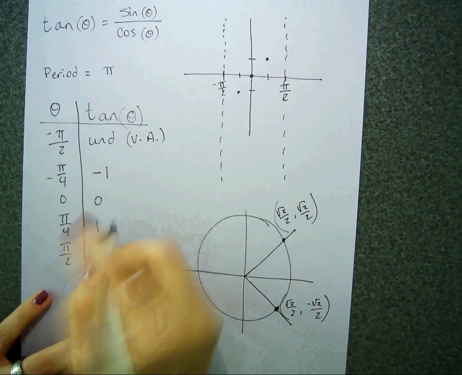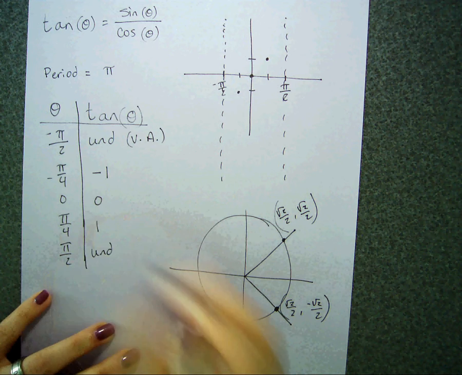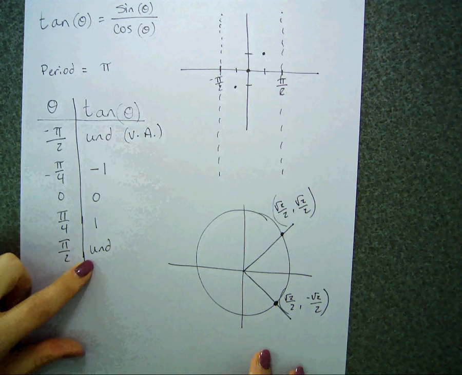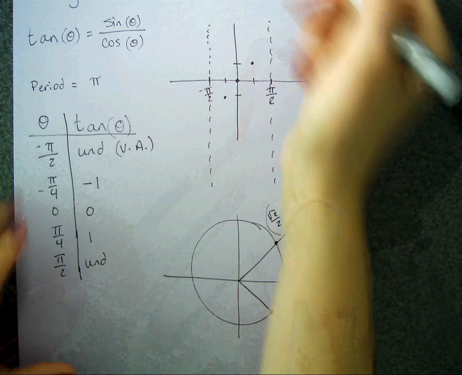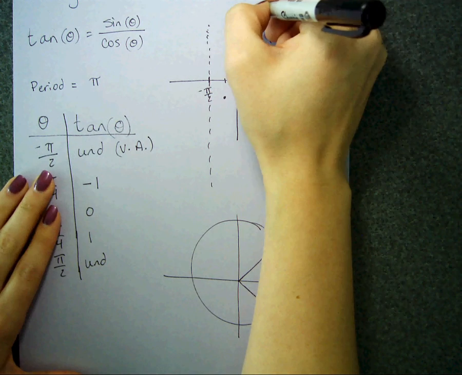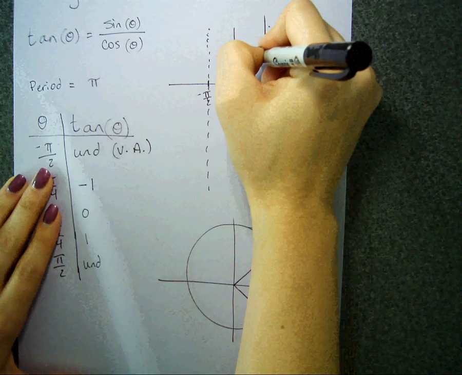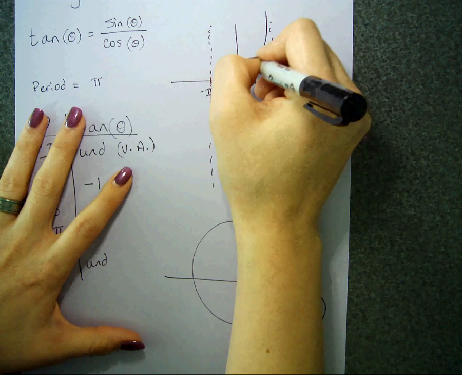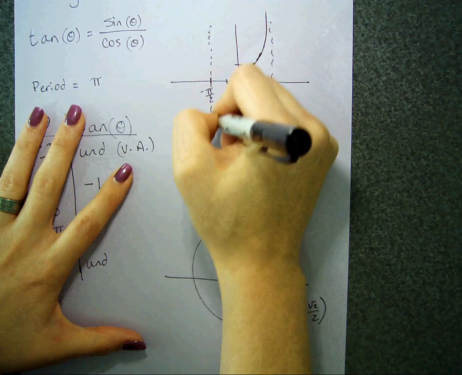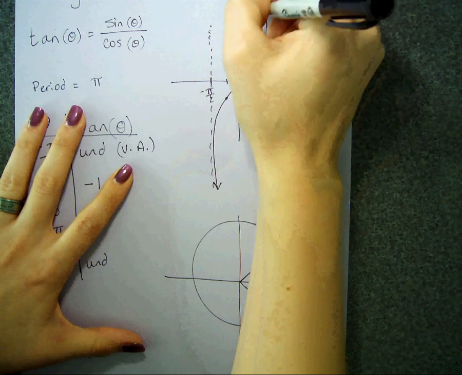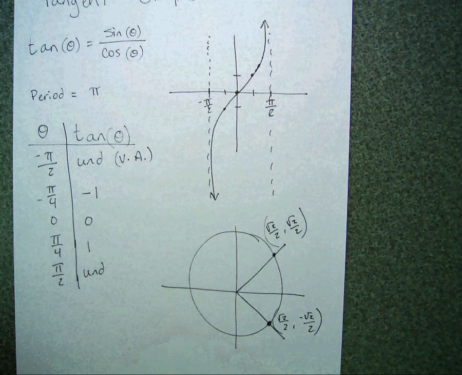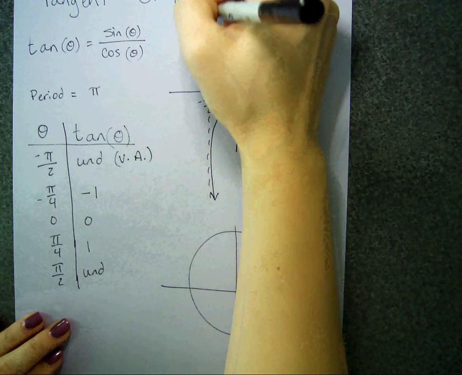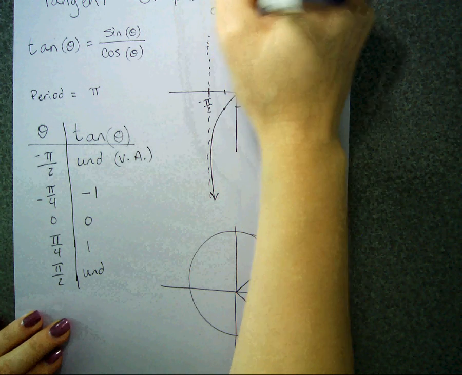The closer and closer I get to positive pi over 2, the larger and larger my value becomes. So tangent does this little snaky thing. This is tangent. This is one cycle of tangent.